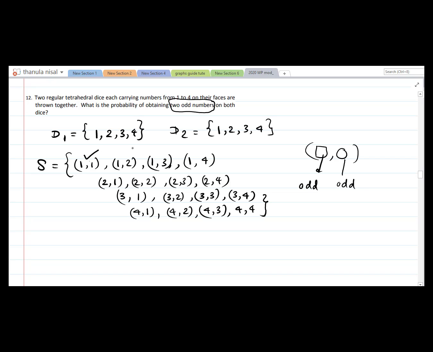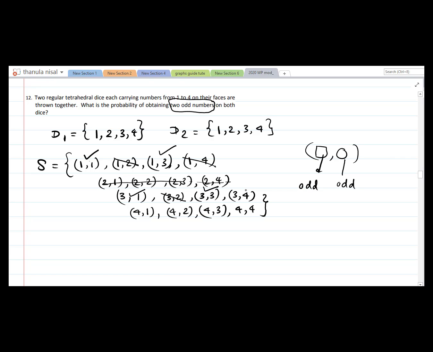We can take this one, we can neglect this one, we can take this one, neglect. We cannot take any of these because here in every case we can find even values. Here we can take this one, we cannot take this one, again we can take this one.